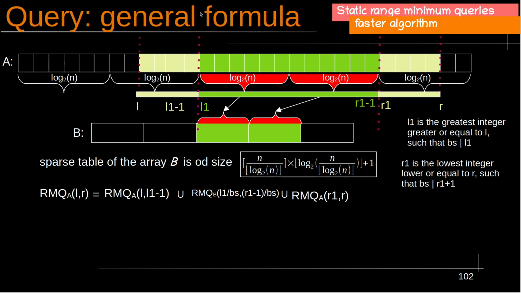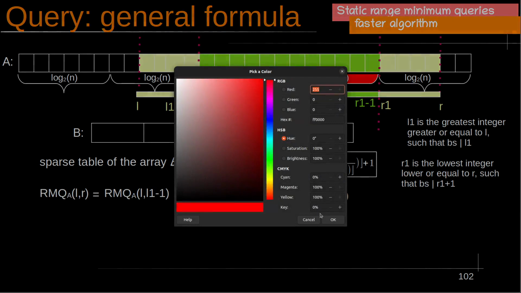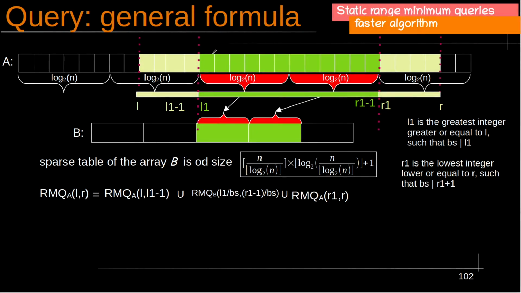As you see here in the picture, we have to use the array of blocks B for this green part, because it is pre-calculated in the array of blocks.